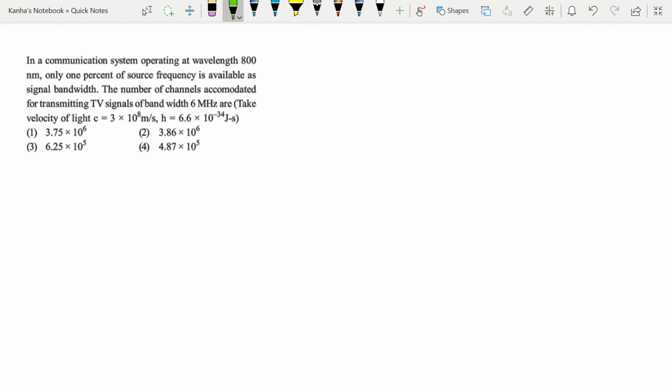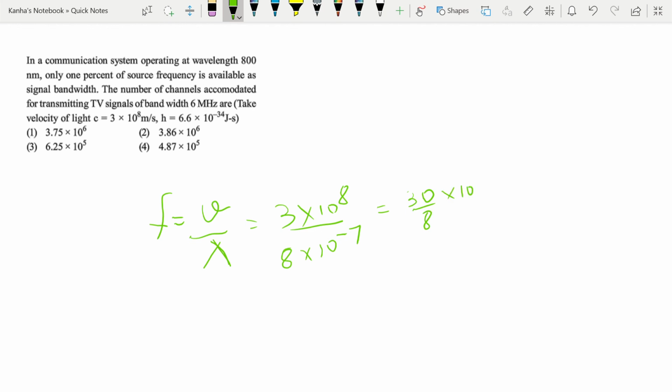Frequency f is equal to the velocity divided by lambda for an electromagnetic wave, which is 3 into 10 to the power 8, which is given as c, by 8 into 10 to the power minus 7, which comes out to be 30 by 8 into 10 to the power 14, which is nothing but 3.75 into 10 to the power 14 hertz.